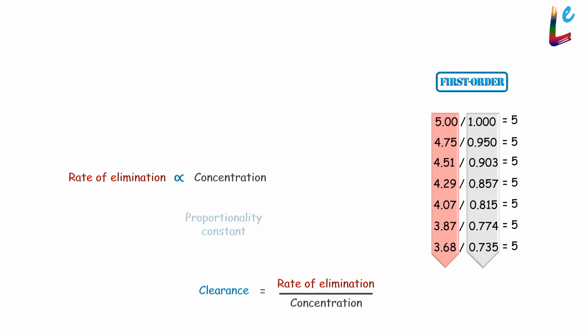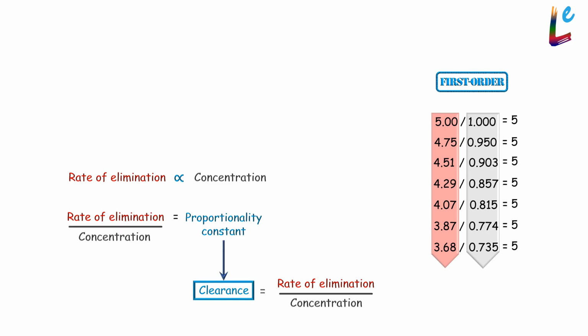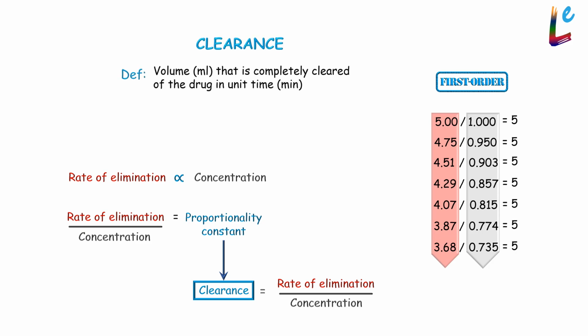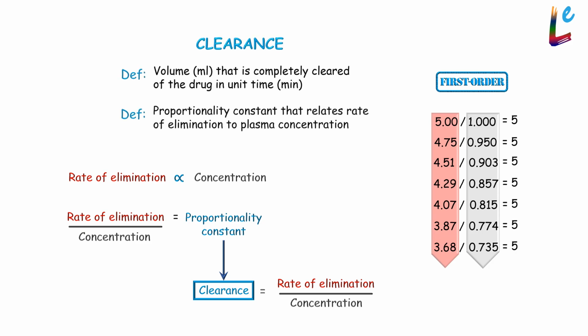If we introduce a proportionality constant, we have rate of elimination is equal to constant multiplied by concentration. Rearranging, you can see that this proportionality constant is in fact clearance. So clearance can also be defined as the proportionality constant that relates the rate of elimination to the concentration.